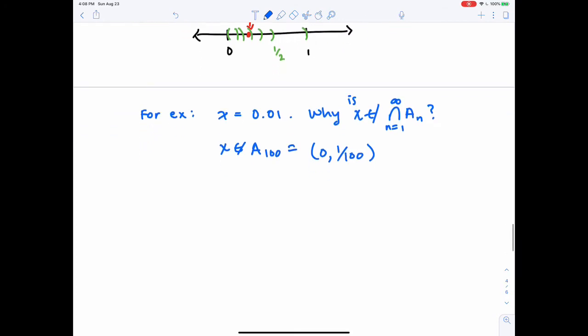Now, if I tried to say that I had some other x value, and I said, well, let's go even smaller. Let's go closer to 0. This x, I can say, is not in the intersection. Well, why?